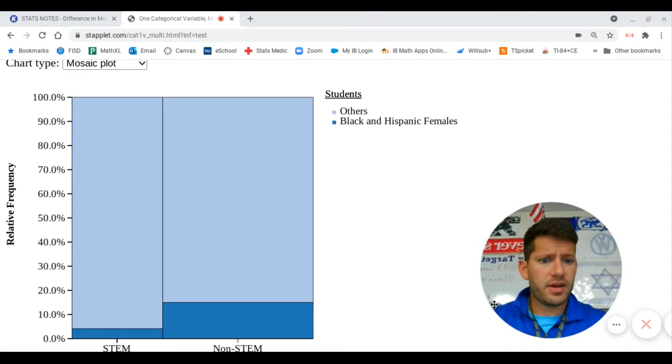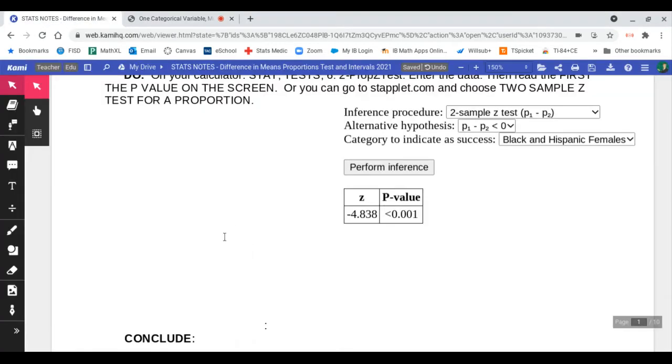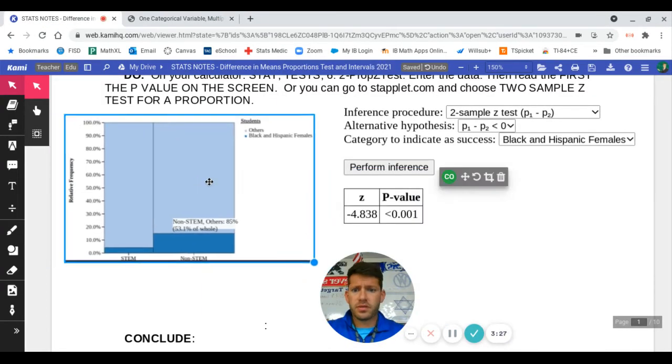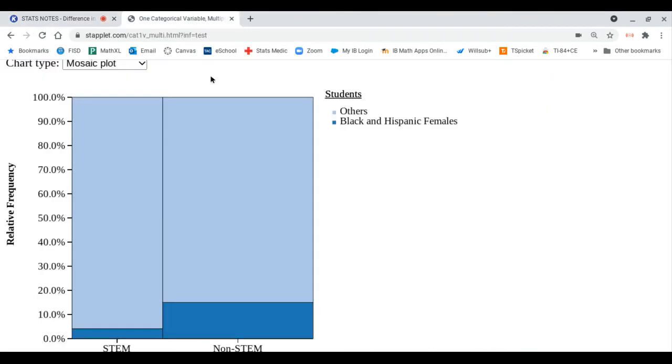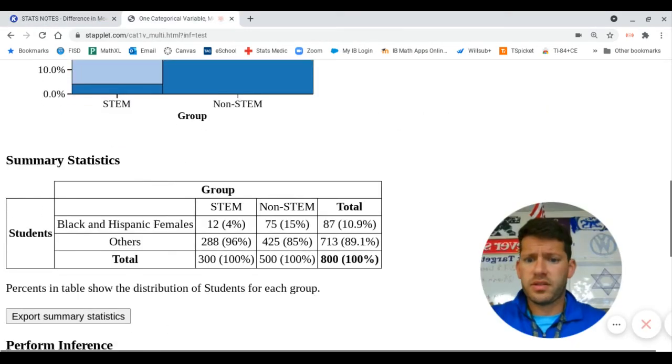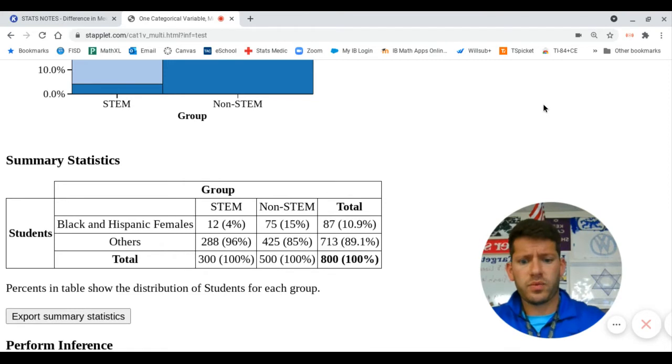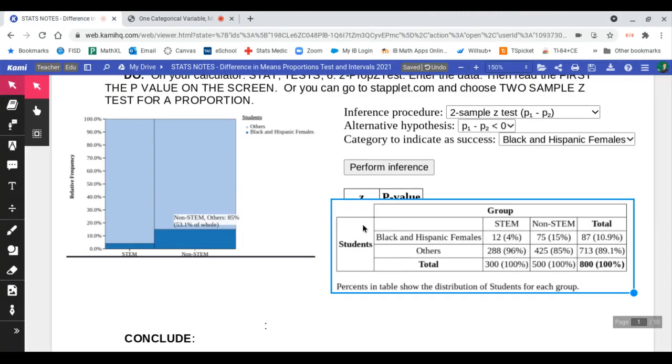Has that on there. Even got some of my little window down below on there. So we got that, looks good. And then let's get this summary statistics as well, because why not? Copy that and throw that over.